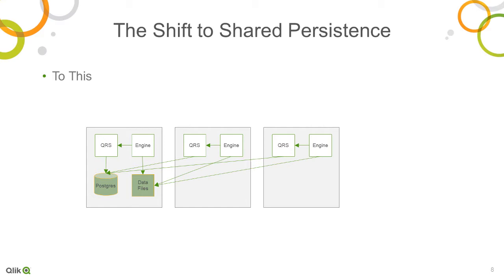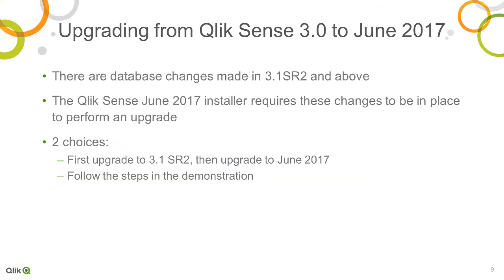In your own implementation, you can move the database and the file share off of the central node to an entirely separate server if you'd like. But today we're doing the simpler of the options, which is to leave it on the central node. So the thing that complicates this upgrade process is that there were database changes made in 3.1 Service Release 2 and above that the June 2017 installer requires to be in place to perform an upgrade.